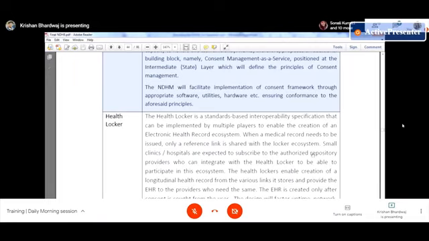The other thing they are saying is health locker enables creation of a longitudinal health record from various links it stores. Now, this is another point, I will request everyone's attention: from the various links it stores. So what they are saying is the actual records may not need to be stored in the PHR. The links of the records need to be stored in it. So PHR should be acting like a conduit.